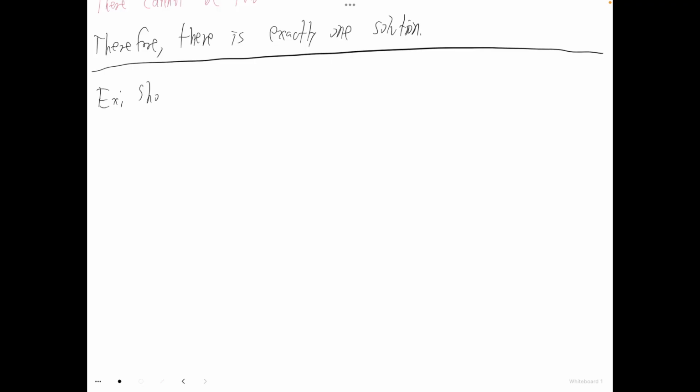So we want to show the equation e to the x plus 2 equals 2x squared has a unique solution in the interval negative 2 to 0. So we want to show there is a unique solution to this expression. And a unique solution means exactly one. So this is just another way of phrasing what we asked before.